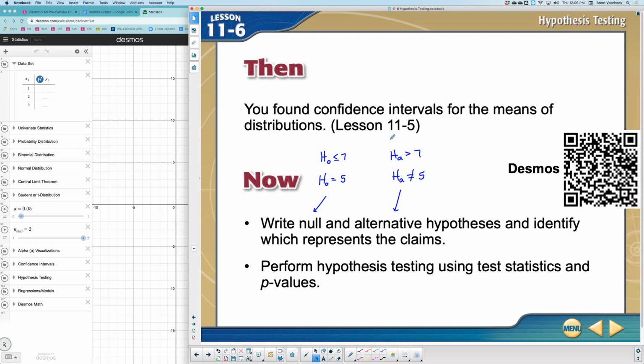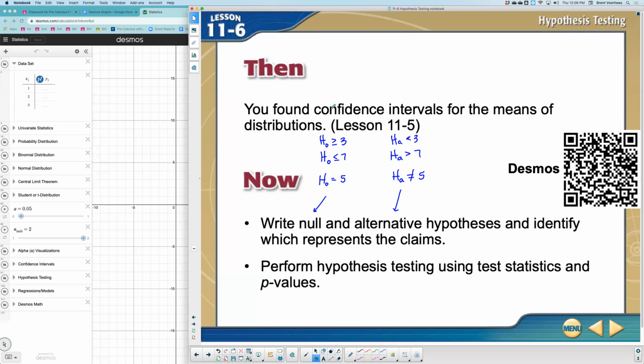Let me give you one more just for good measure. We could say the null hypothesis is that the mean is greater than or equal to 3, which would mean the alternative hypothesis is that the mean is less than 3.